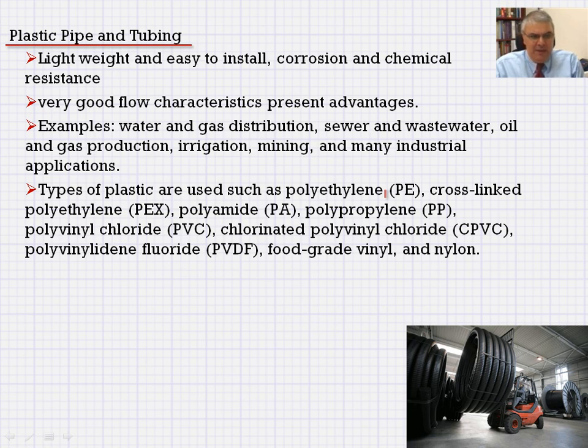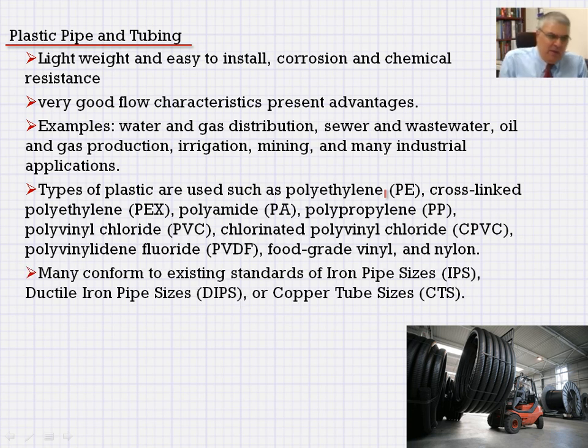polyethylene, PE, cross-linked polyethylene, PEX, and so on. They're all listed here, and many of them are also used in the food industry as well. Many conform to existing standards of iron pipe sizes, of course, because they will need to compete. They are competing.